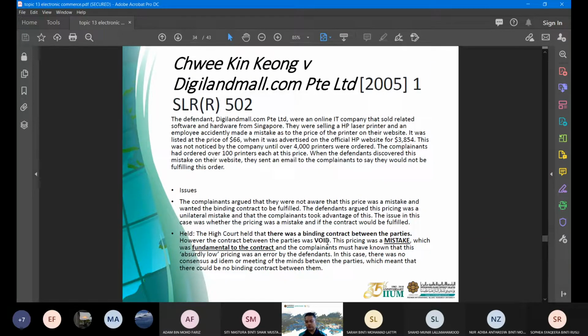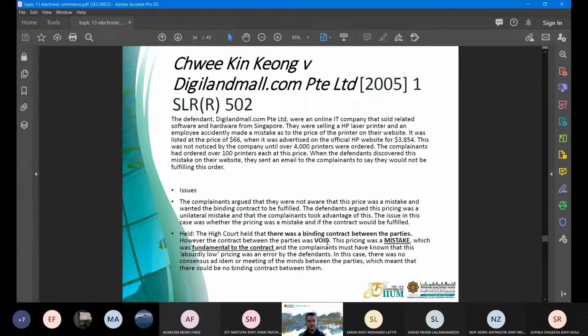But it depends, because mistake has some criteria. Okay? If the mistake goes to the core of the contract, so much so that the contract is no longer beneficial for both parties, then the contract can be declared void. So in a way, the mistake is no longer unilateral; it becomes a bilateral mistake.